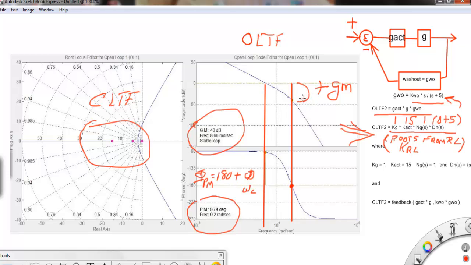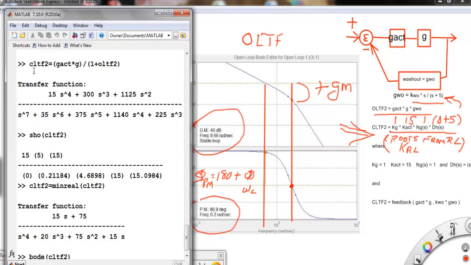The gain margin and the phase margin, and I want the closed loop transfer function, which we'll call CLTF2 for the second loop closure with the washout. Then I have G over 1 plus GH, the shorthand version. And you notice that I have s plus 15 in the numerator and s plus 15 in the denominator. This is because of numerical properties of MATLAB.